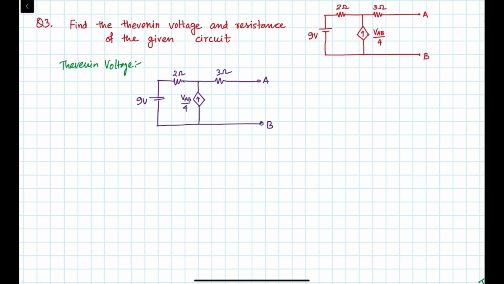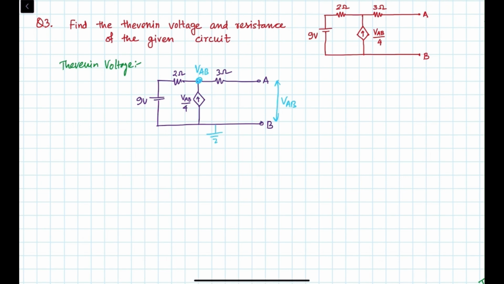So whatever voltage we have here, that is VAB, here also we will get the same voltage VAB, right? So if we think that this side is grounded, then at this point we will be getting a voltage VAB, right? Now we will be using KCL at this point.